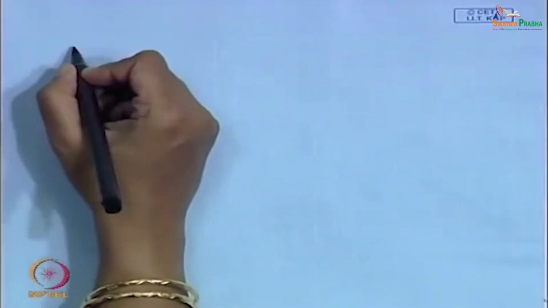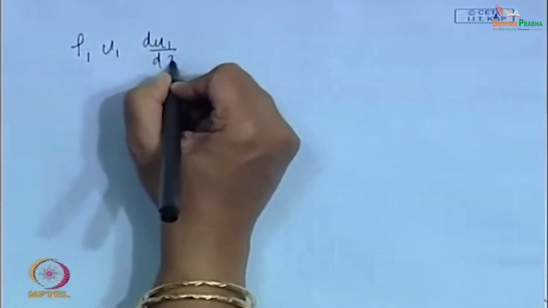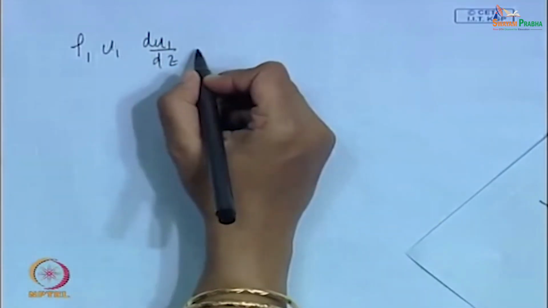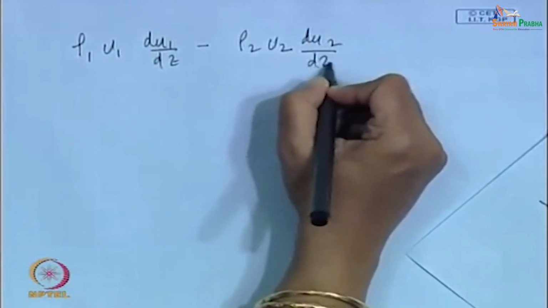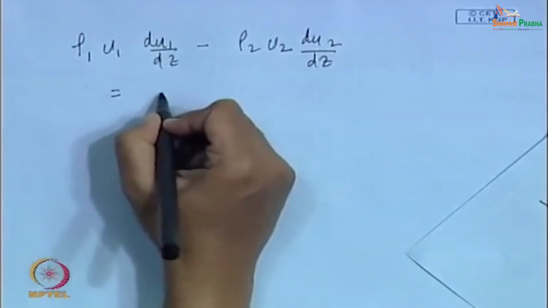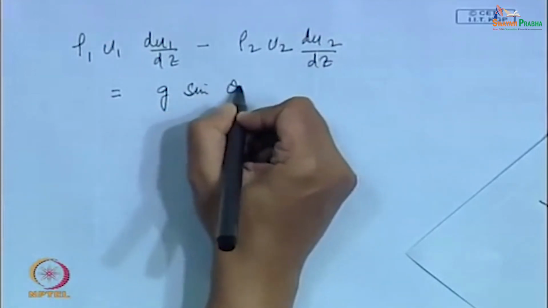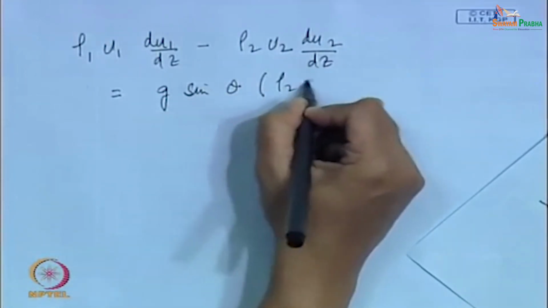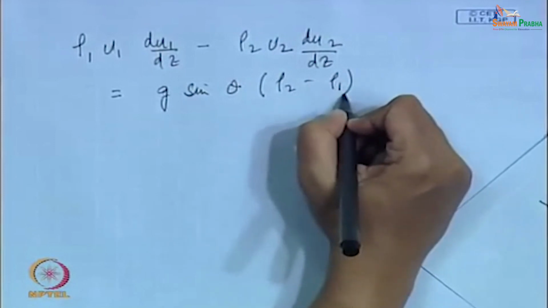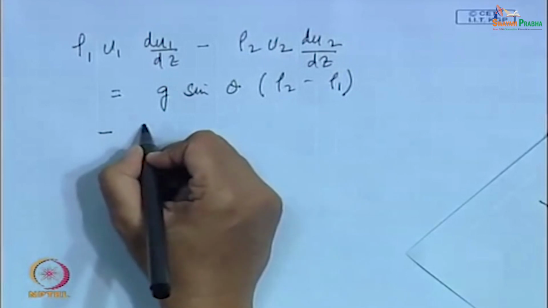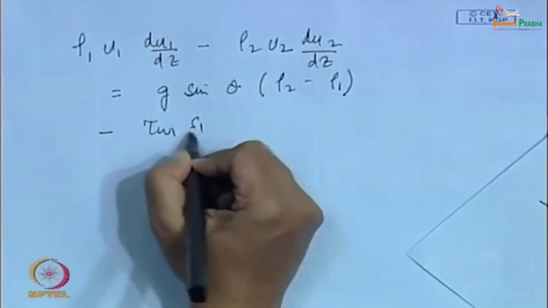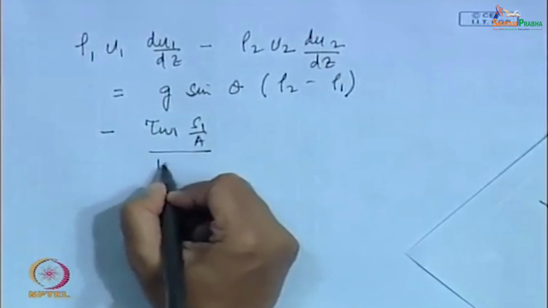We are expected to get something of this sort: rho 1 U1 dU1/dz minus rho 2 U2 dU2/dz. This will be equal to g sin theta (rho 2 minus rho 1) minus tau w1 S1 by A divided by (1 minus alpha).